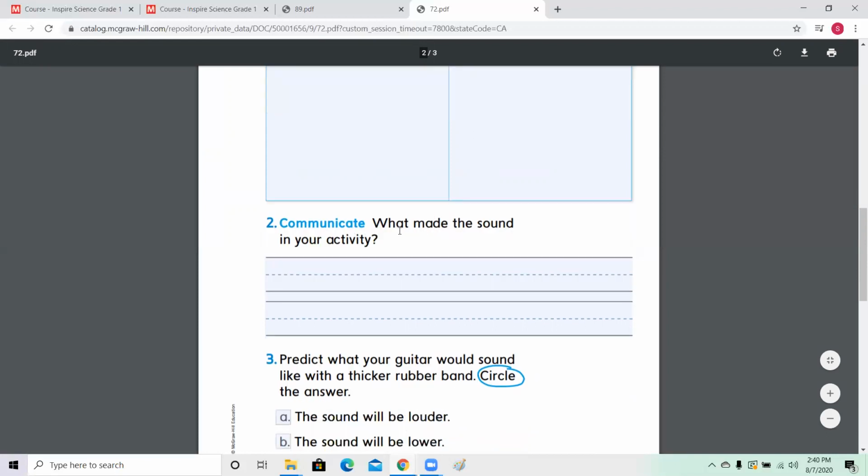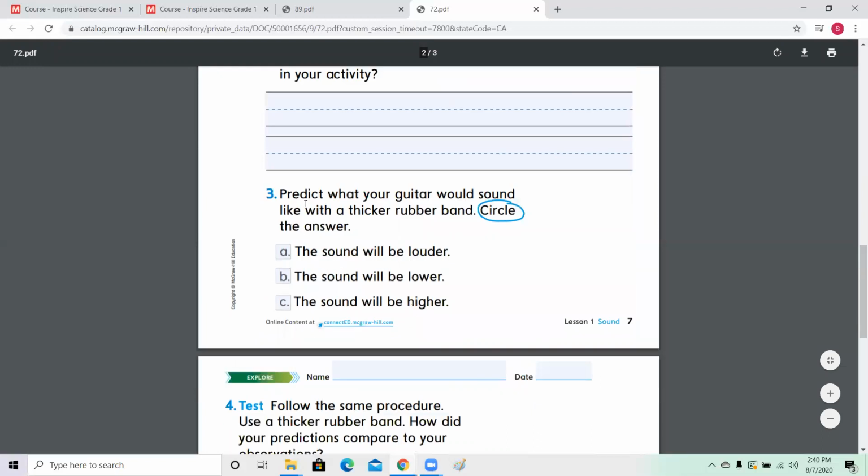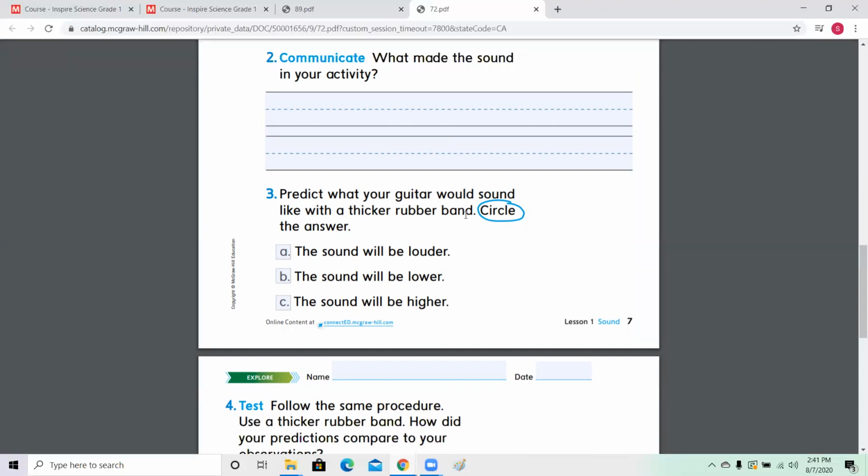All right, so question number 2, what made the sounds in your activity? The vibrations of the rubber band. Okay, number 3, predict what your guitar would sound like with a thicker rubber band. Circle the answer. So you had the guitar, you made it with a tissue box and stretched a rubber band.